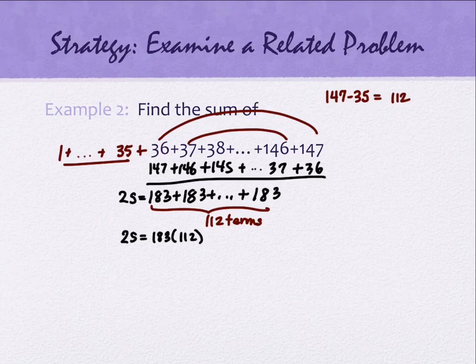And then I will have to, whether now or in a moment, divide by 2 because I have to remove the fact that I doubled everything. I added everything to itself. So what is 183 times 112 and then divide by 2? 10,248.